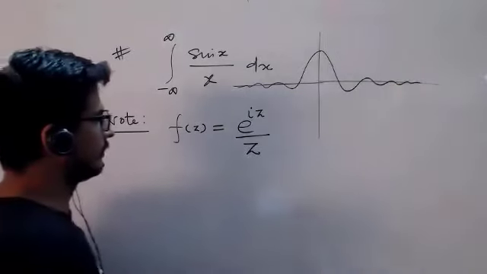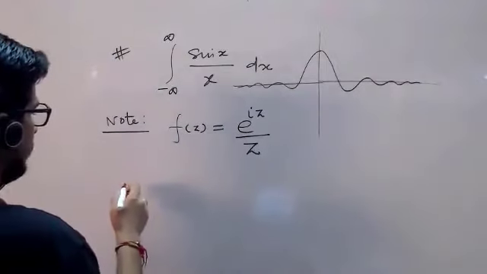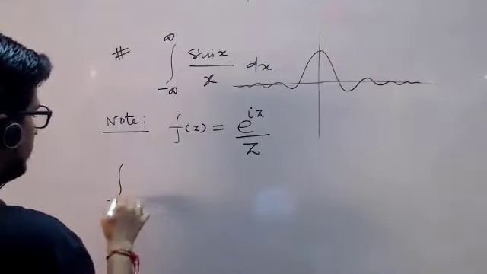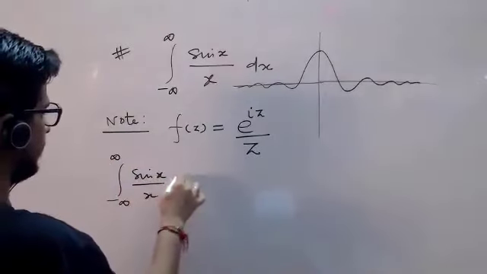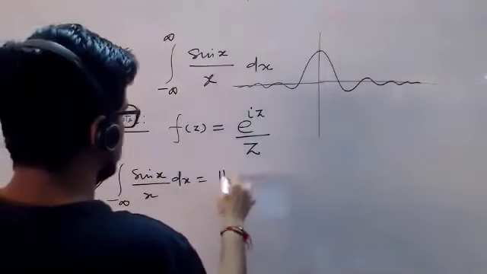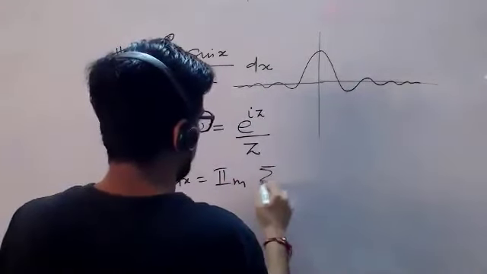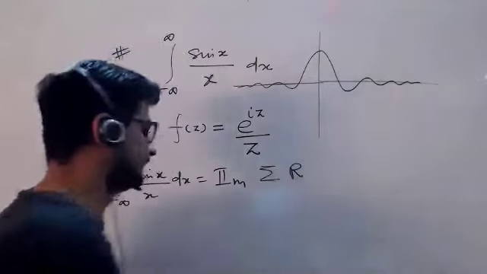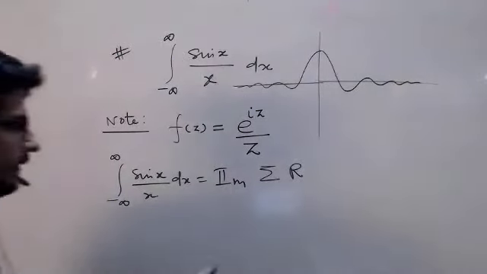So the integral from minus infinity to plus infinity of sin x by x dx will be the imaginary part of the sum of residues. That will be the answer.